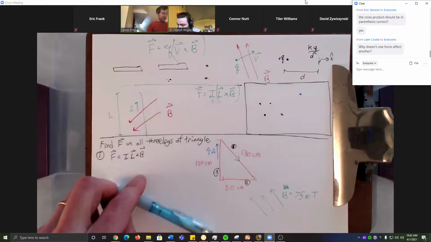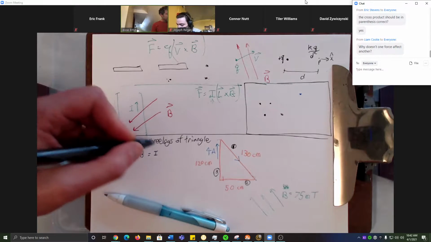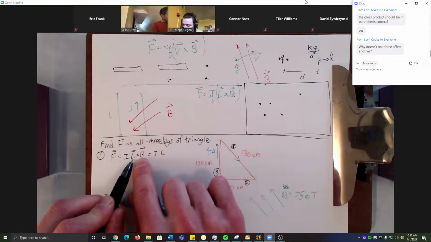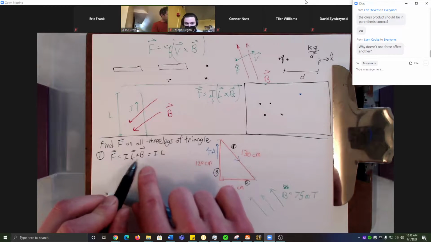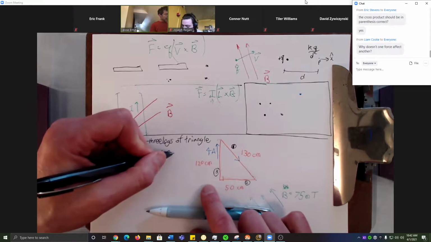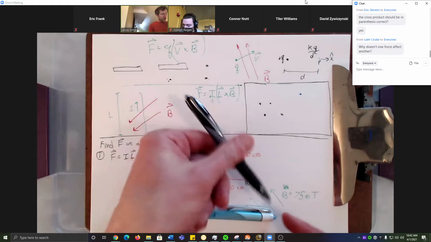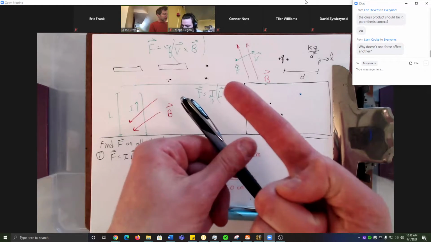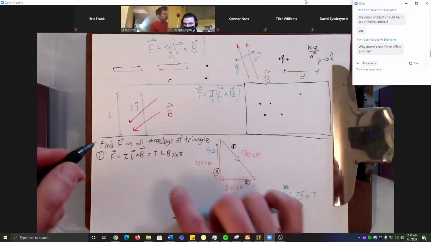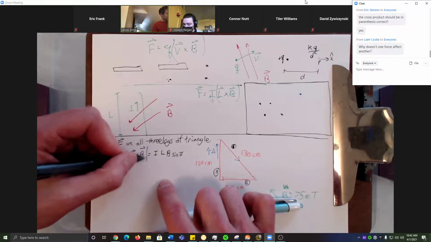So this becomes I times the magnitude of L times the magnitude of B times sine of the angle between them. And the angle between them is pi, because L goes this way, B goes that way, so they're in opposite directions. Let me just put magnitude of F here, because it's going to wind up being 0 anyway.